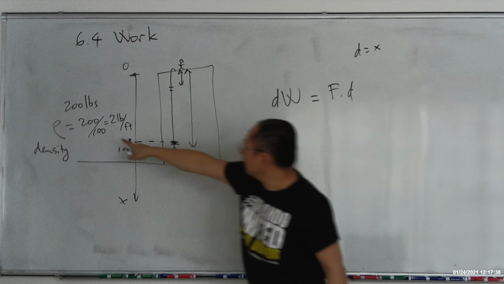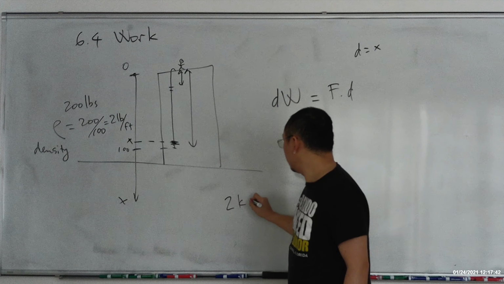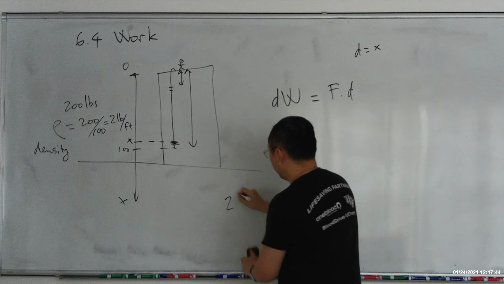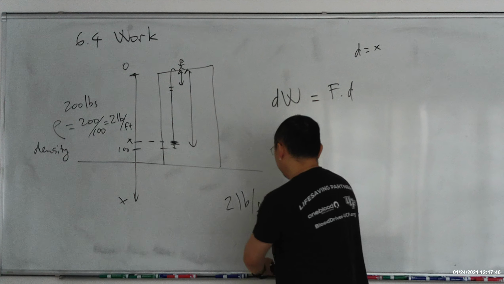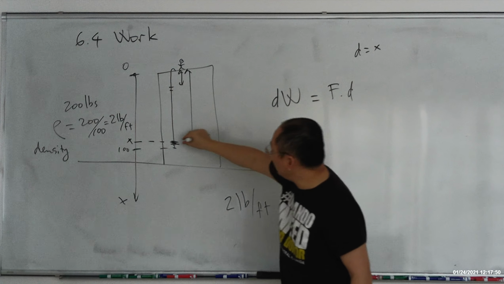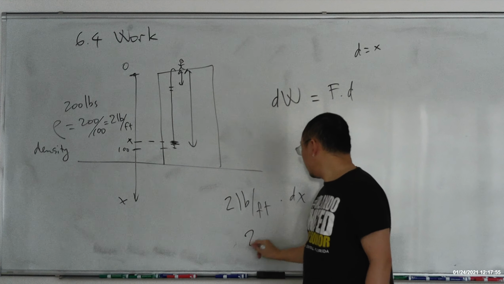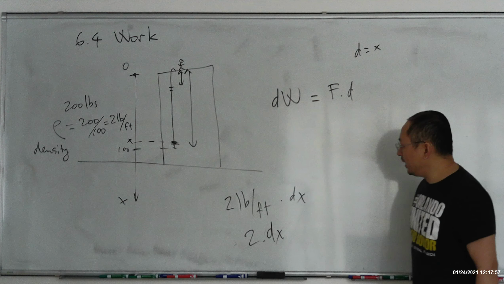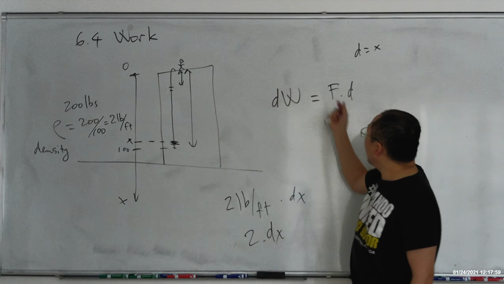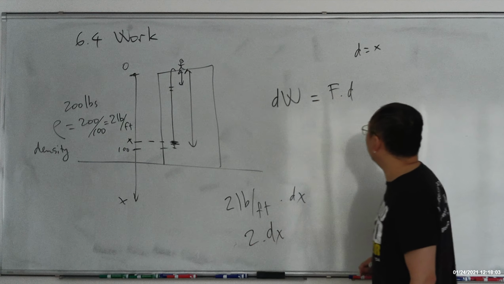Here we have the density, right? 2 pounds per foot. And the length of that little piece is dx. So 2 times dx will be the weight, and weight is the force, of that little piece of the cable or the rope.